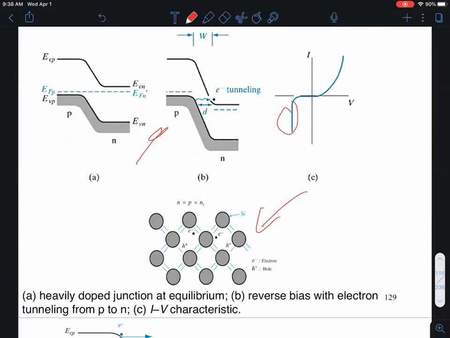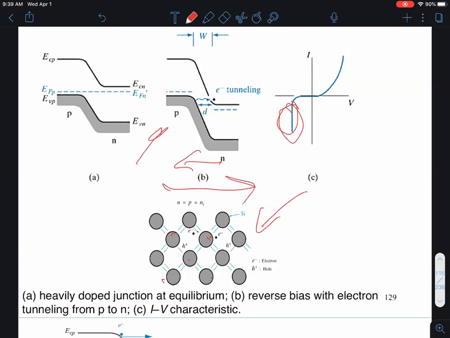So in the bond picture, remember we have all these silicon atoms surrounded by 4 nearest neighbor silicon atoms with 2 covalent bonds each, and every silicon atom is now happy because they have a stable octet of electrons, all right? But now, in this high reverse bias, I basically have a very high electric field, say, in this direction, and as a result, these electrons in these covalent bonds, which are bound electrons, would have a force in the opposite direction, minus q times electric field.